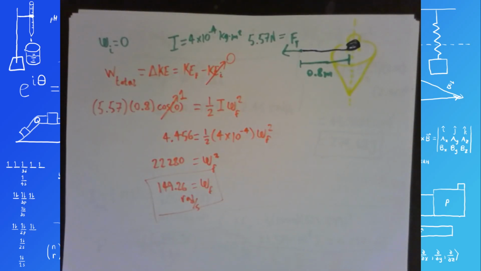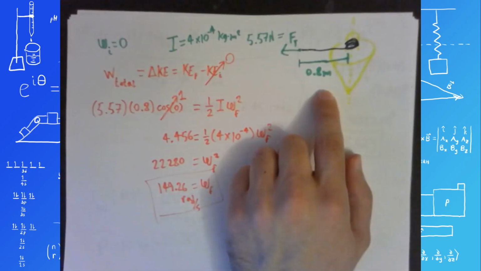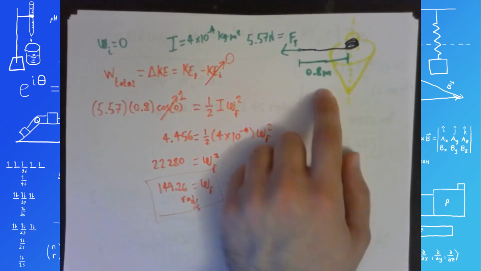At least those are the units I should be getting if I got all of my other units into what they usually should be. Kilogram meters squared, check. Newtons, check. Meters, check.